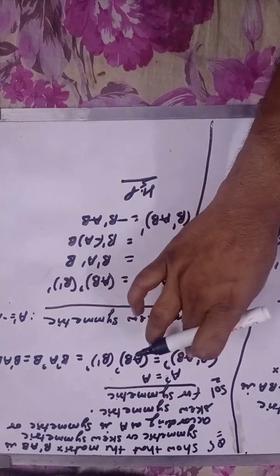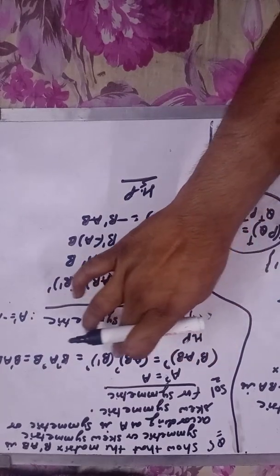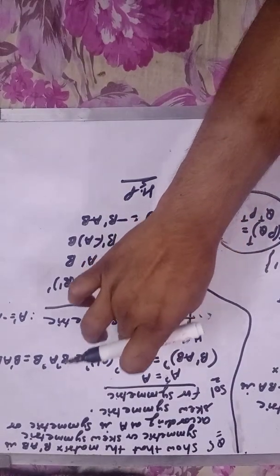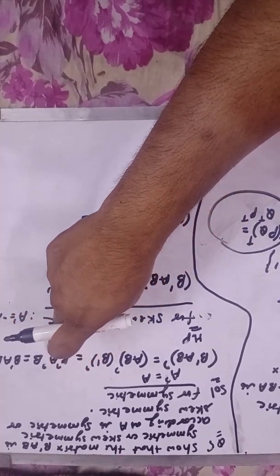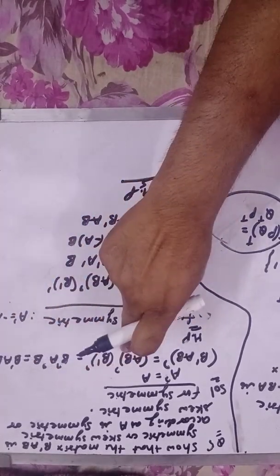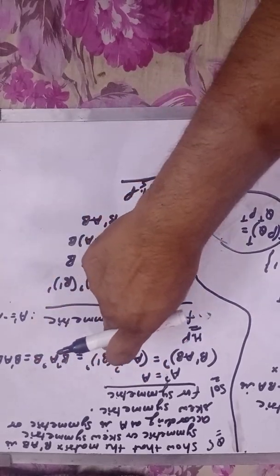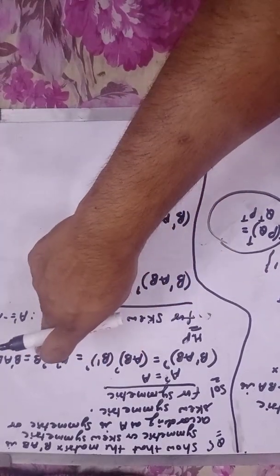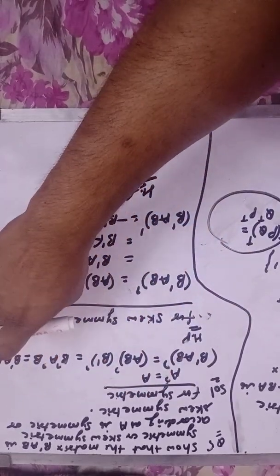You can consider AB as a single matrix, so it becomes B transpose A transpose. Splitting again, B transpose transpose is B, A transpose is A, and B remains the same.